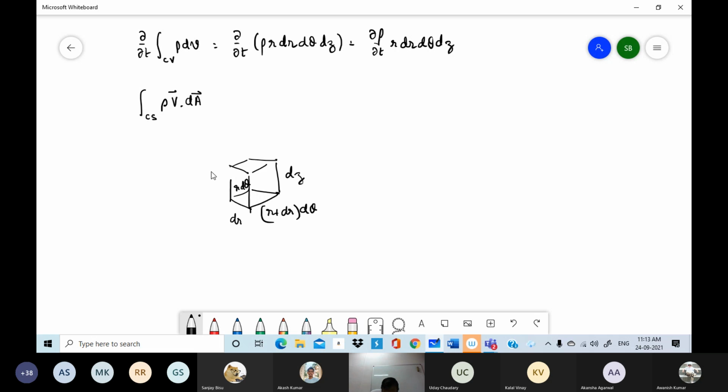The r coordinate changes in this direction. So these two faces are the faces which are in the r direction.